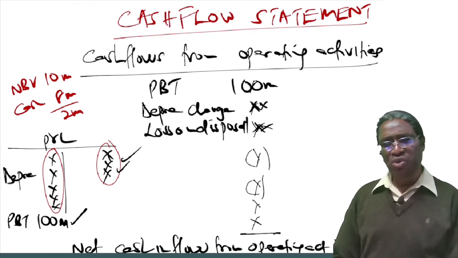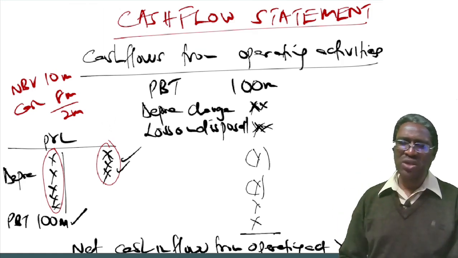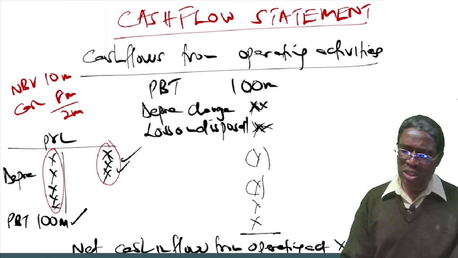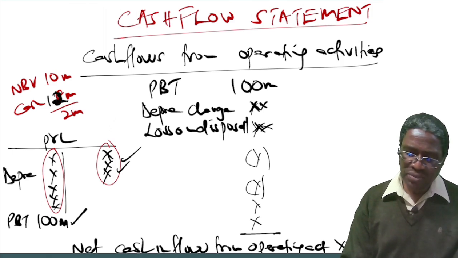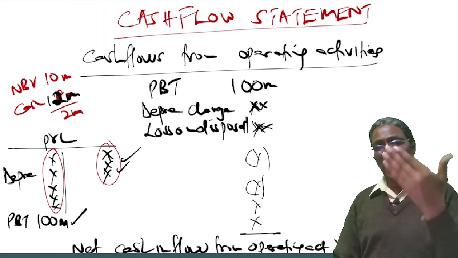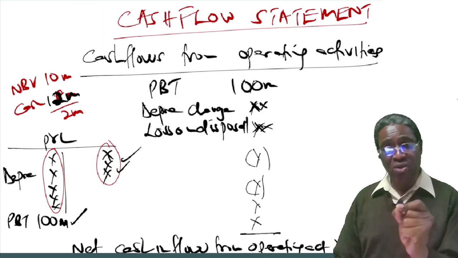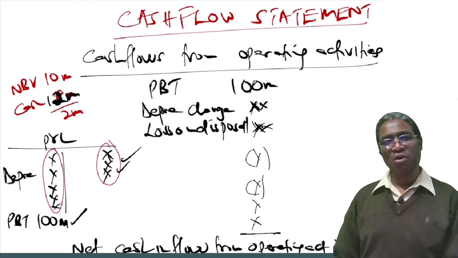Now, to use the same, let me assume you sold that motor vehicle for 12 million. It had a book value of 10, but you sold it for 12 million. You must have made a gain of 2 million.